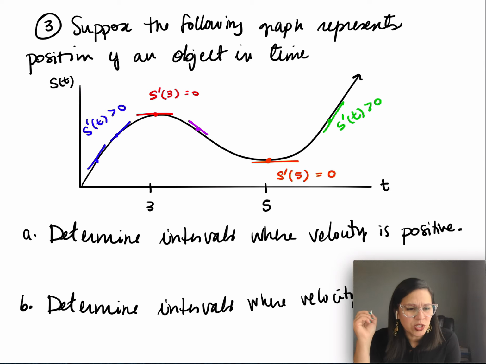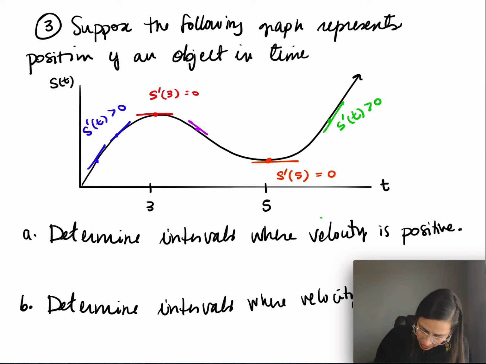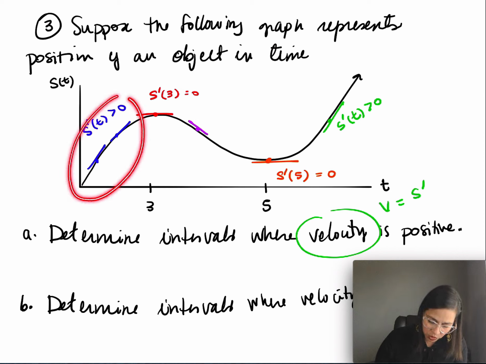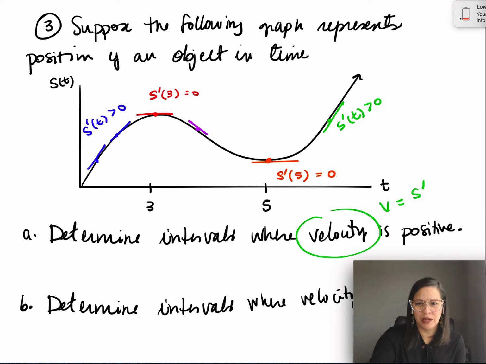So if we want to do part A, determine intervals where velocity is positive, we know that velocity is the derivative of position, and we know that it is positive from 0 to 3, and then from 5 on, okay?